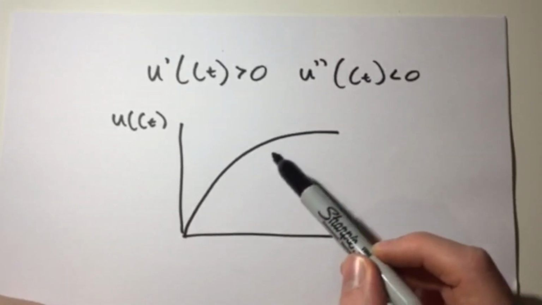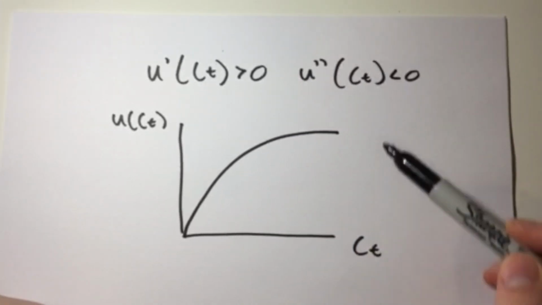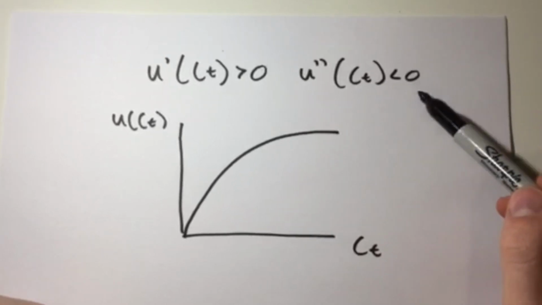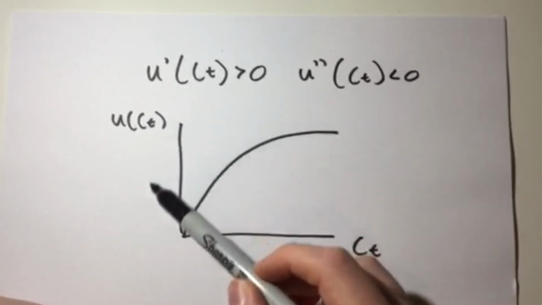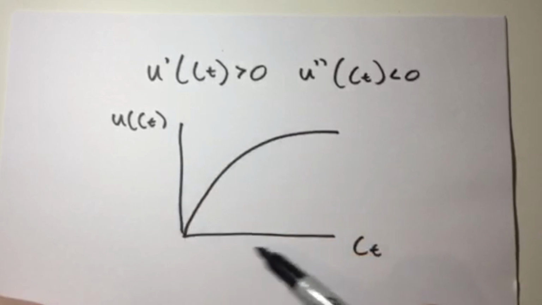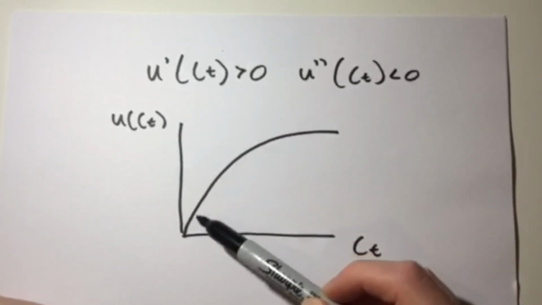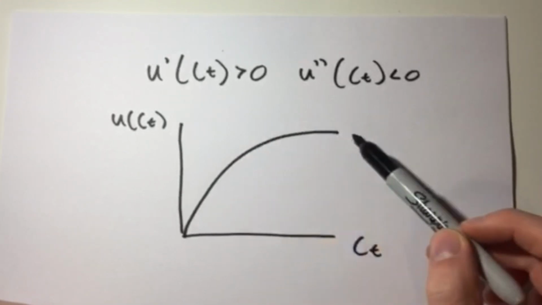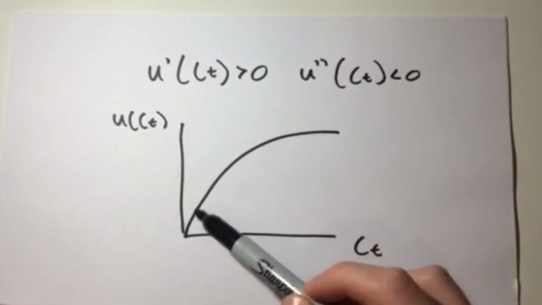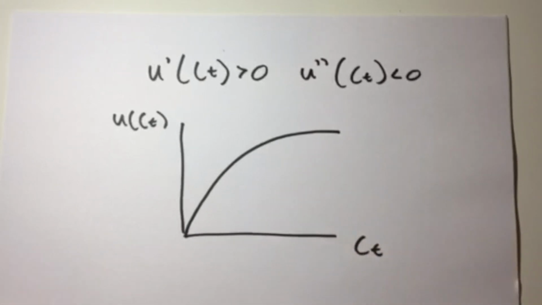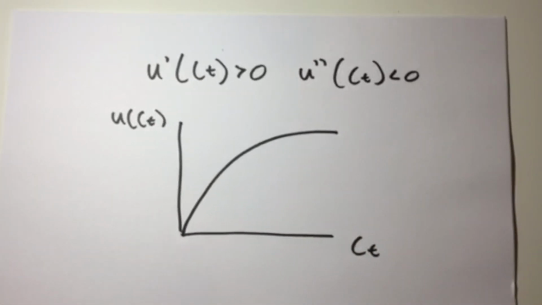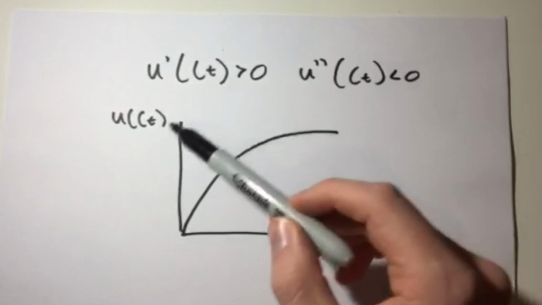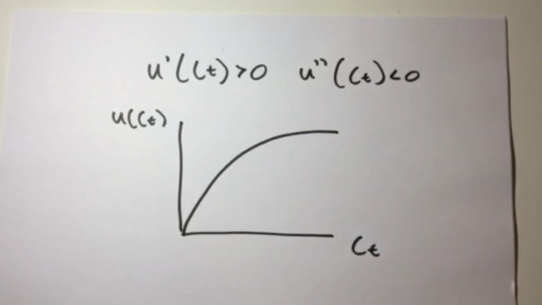But it's increasing at a decreasing rate, hence why the second derivative is less than 0. So we have a concave function, and this is what we mean by diminishing marginal utility. If you've done any basic microeconomics course, you'll understand that this concavity is described with another term called diminishing marginal utility, and that's what this basically means here, which is another important point of our utility function that we need to remember.